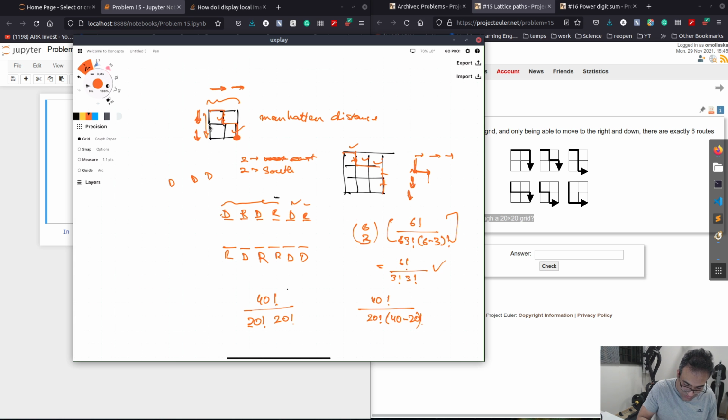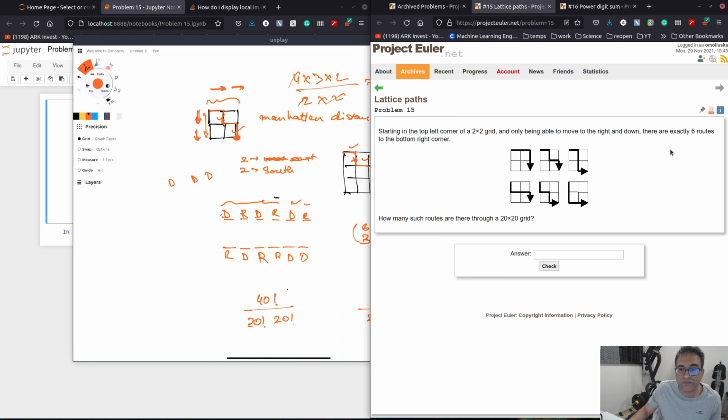For the 2 by 2 grid, I have 4 factorial by 2 factorial times 2. So this is 4 times 3 times 2, 2 times 2, 6. Is that the number? Aha! 6 routes.